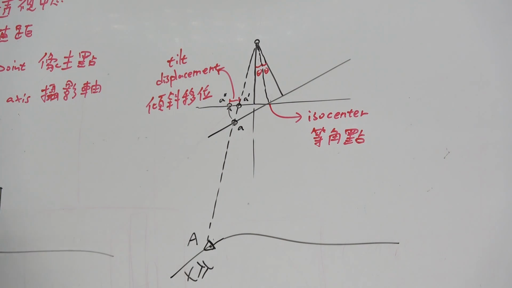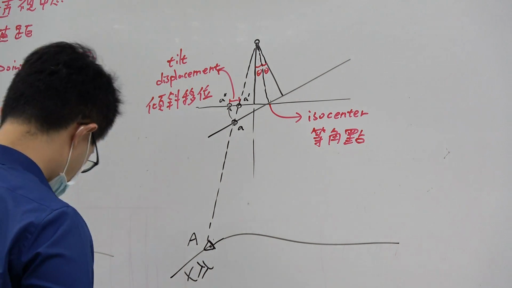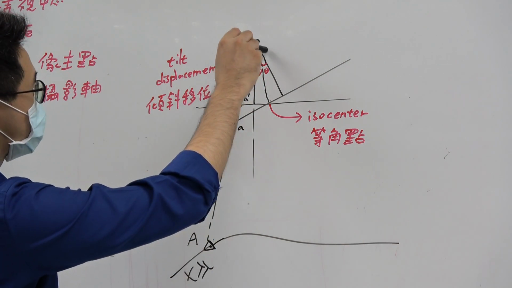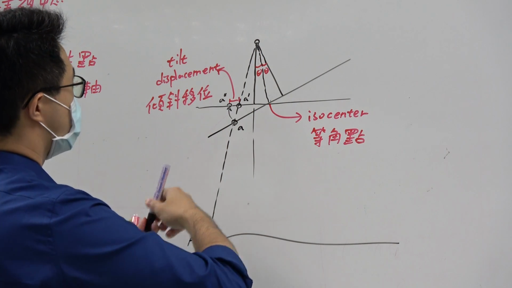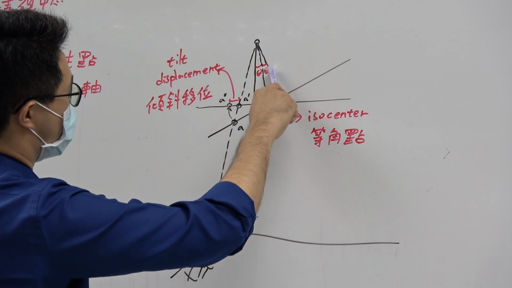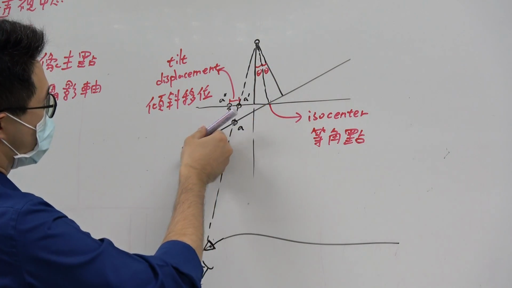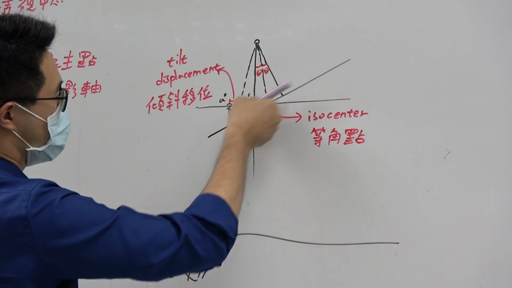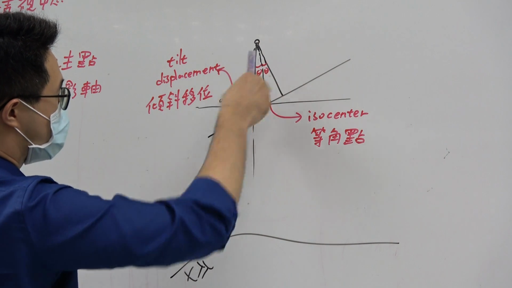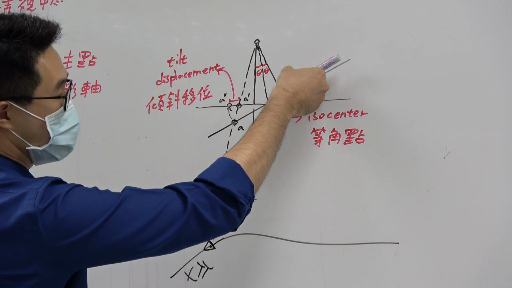It's not a vertical photo. This is the focal length, the camera station is over here, and this is the image plane. So this is the tilt photo.